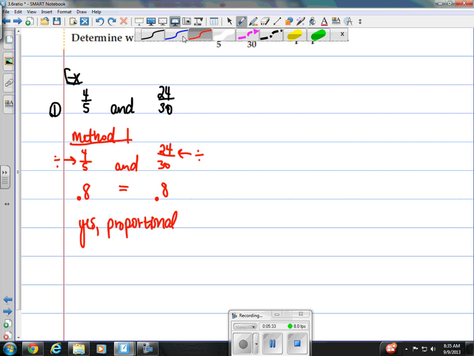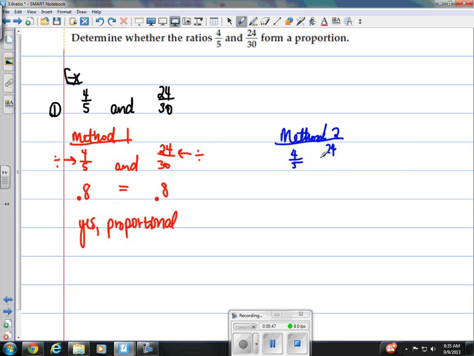Now, a second way to do the same problem, so method 2, is to take these two separate ratios, 4/5 and 24 over 30, and to set them equal to each other, so therefore we can solve it like a proportion and cross multiply.